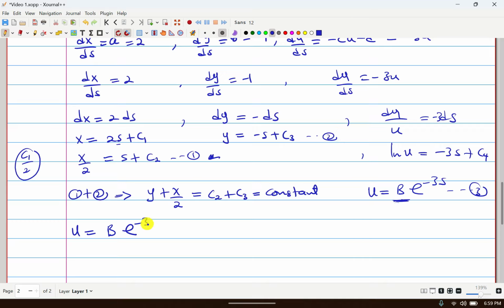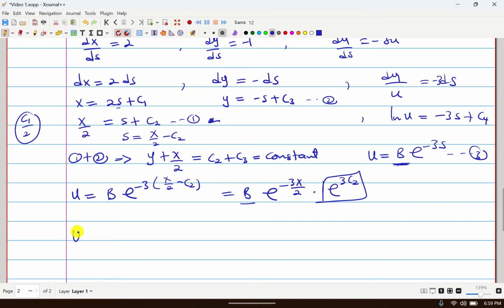In equation 1, s is equal to x over 2 minus c2. So when we plug that back, you're going to have u equal to b times e to the negative 3x over 2, times e to the positive 3c2. Now this guy is also a constant, times b will give me a constant.